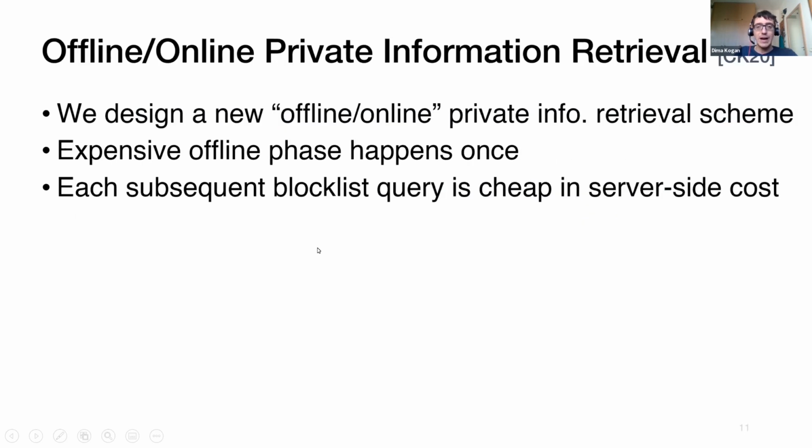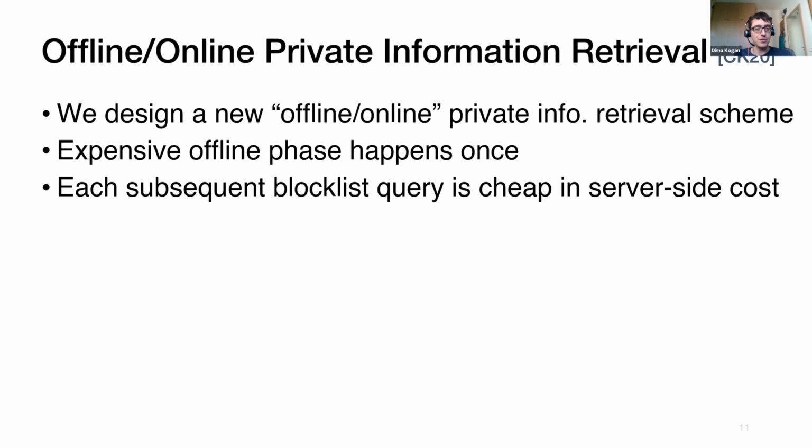So one approach to mitigate the computational inefficiency of PIR is this new type of private information retrieval called offline-online private information retrieval, which we introduced in our previous work last year. The basic idea of offline-online PIR is that the client and the servers first perform an expensive offline phase, but that offline phase only needs to happen once.